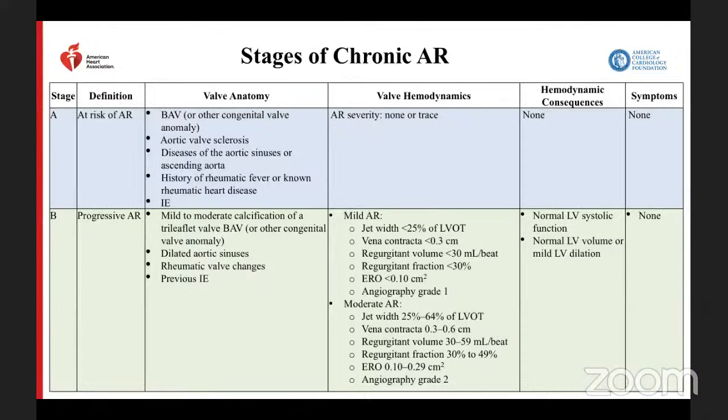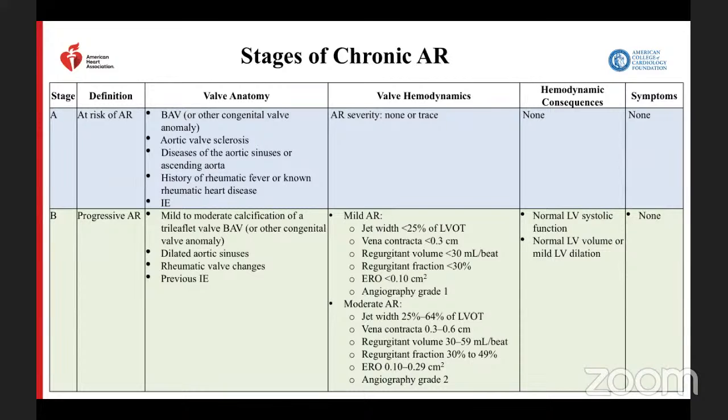Hemodynamics in mild aortic regurgitation: the jet width is less than 25% of the LVOT, vena contracta less than 0.3 centimeter, regurgitant volume less than 30 ml per beat, regurgitant fraction less than 30%, and effective regurgitant orifice less than 0.1, with angiographic grade 1.